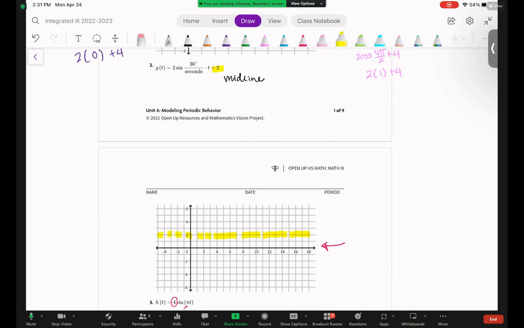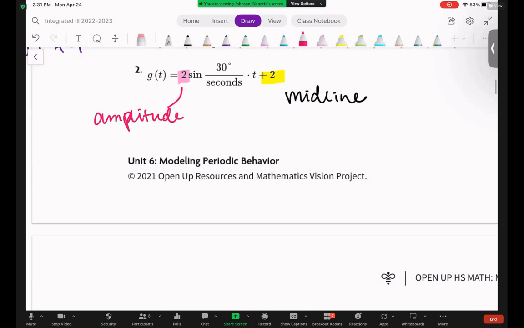Okay, the next number that I look at is this pink number. And this number is called my amplitude. An amplitude is how high and how low it goes from the midline. So I'm going to take my 2 here.